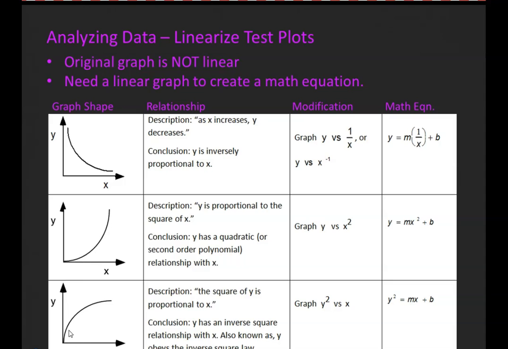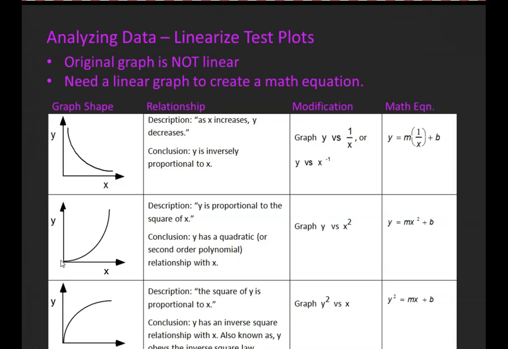So when we have this concave downward curve, the description is the square of the dependent variable is proportional to the independent variable. And so our conclusion would be that the dependent variable has an inverse square relationship with the independent variable. This is also known as the dependent variable obeys the inverse square law.